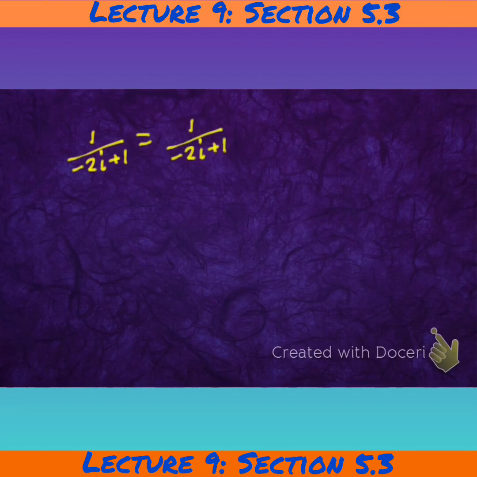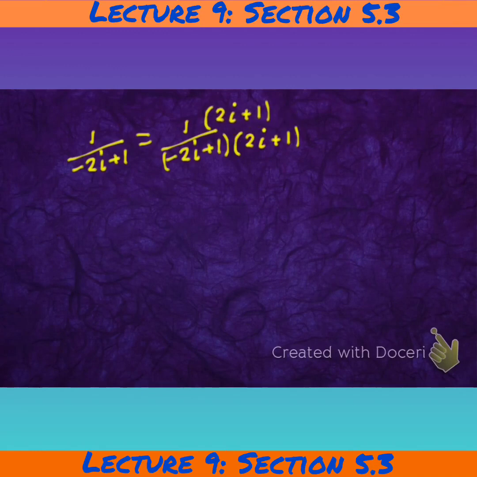And again, how do we simplify that? We take that term and multiply with the conjugate. So we're going to multiply with 2i plus 1. And what we do for the denominator, we must do for the numerator as well. So we take that term and multiply it there as well. Simplification yields that.